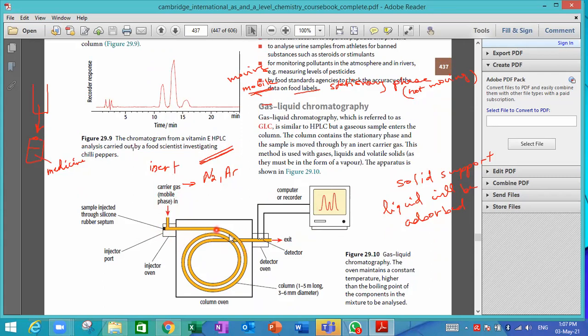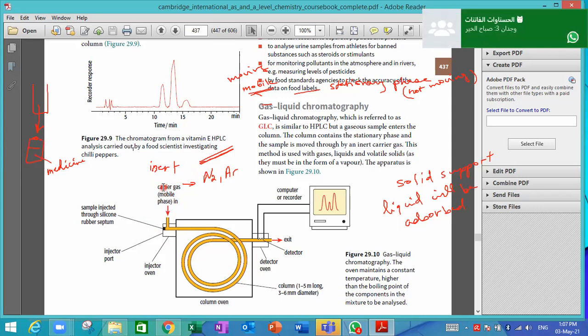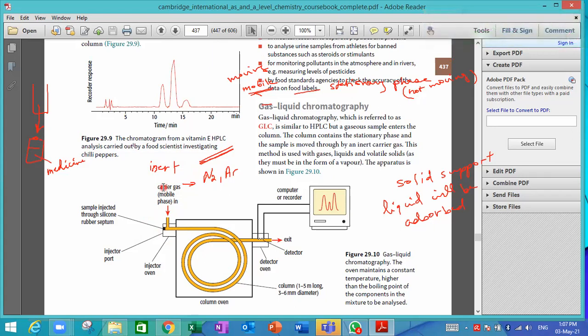As you see here, the column is too long because our mobile phase is a gas, and gases need a big place to be placed in. So instead of a very, very long column, they use a coiled column, in order to provide enough space for the gas to be moving inside this column.